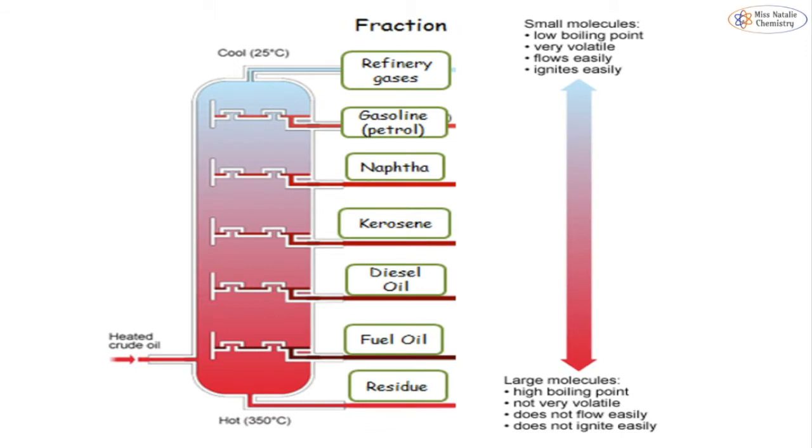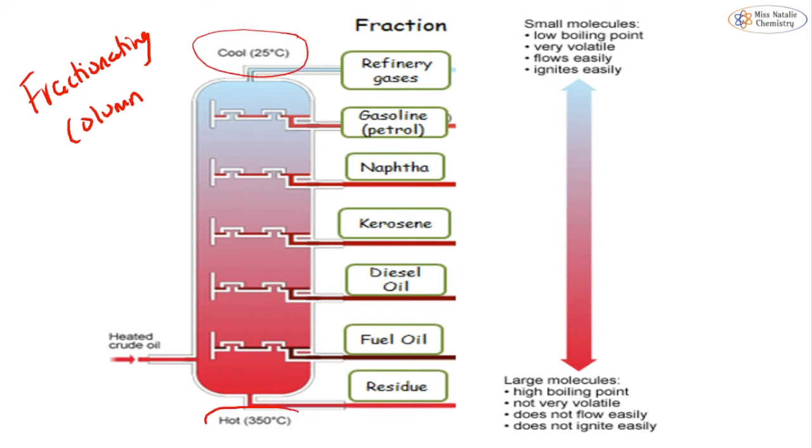So this is what we have with fractional distillation happening, and this is known as the fractionating column. And you can see that we have a temperature gradient. So we start at cool temperatures up at the top at about 25 degrees, and then it gets hot as you get to the bottom at about 350 degrees.